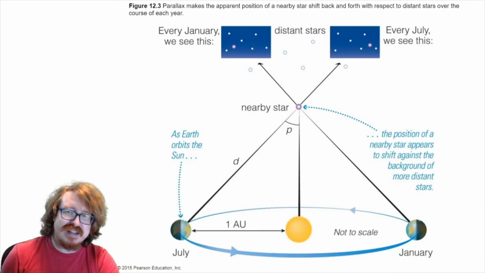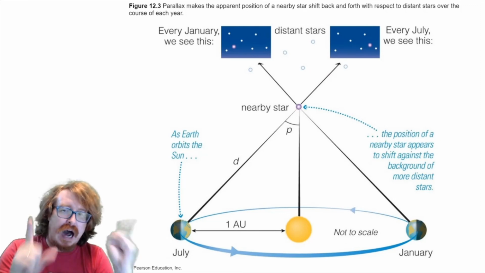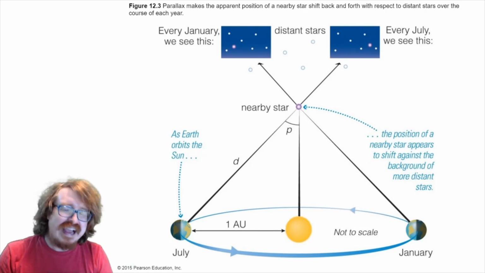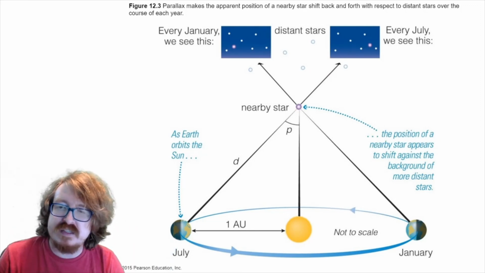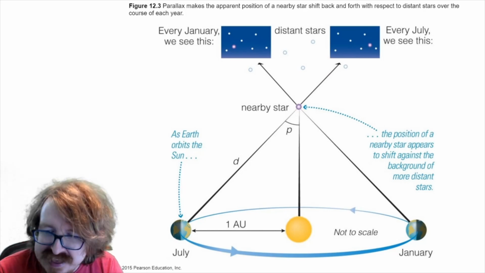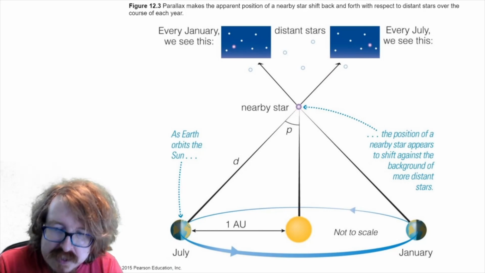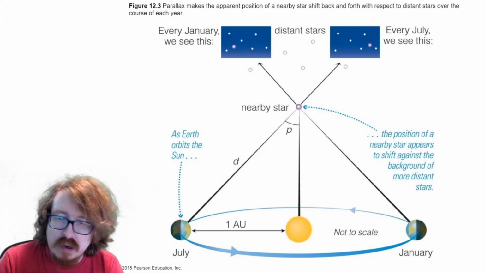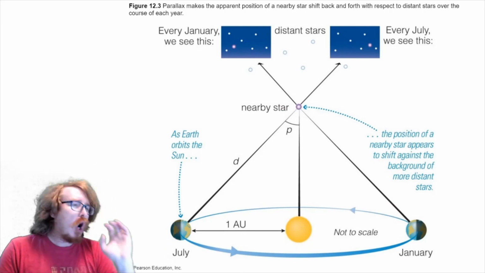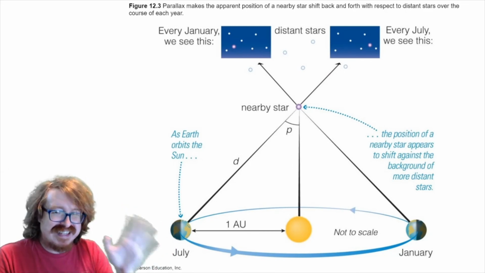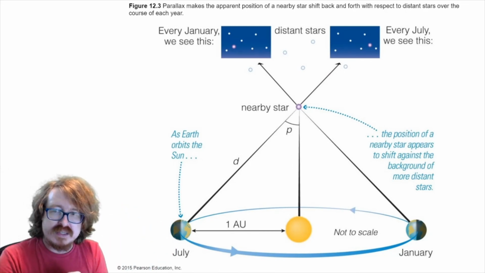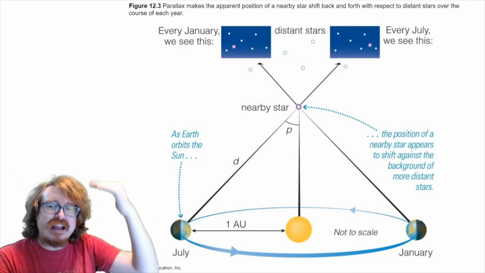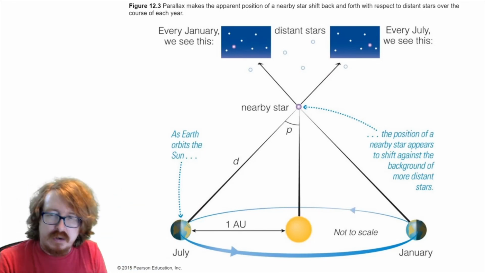So this is basically putting your two eyes on opposite sides of our orbit, and that's an extremely far distance apart. And even then, we still barely see any parallax at all. Almost all stars still show no parallax. Only the very closest stars would show parallax from this.